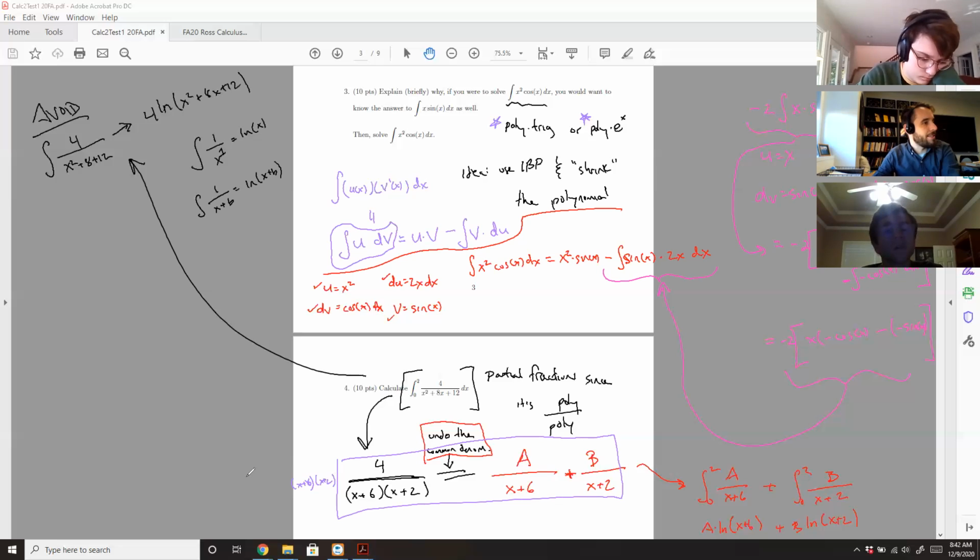If we multiply the entire expression by that, we get a 4 on the left, right? Because the x plus 6 times x plus 2 cancel with those denominators. And then we get an A times x plus 2 plus a B times an x plus 6.